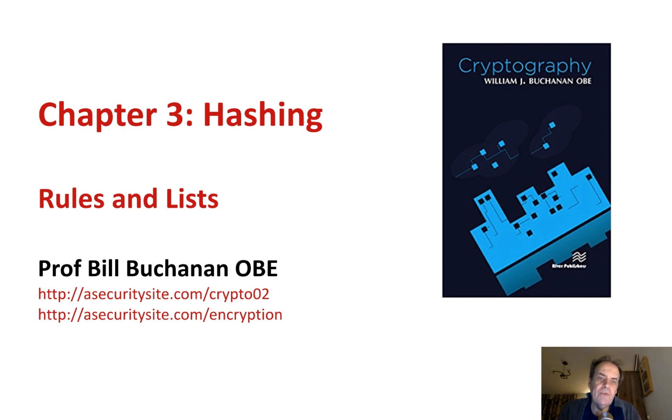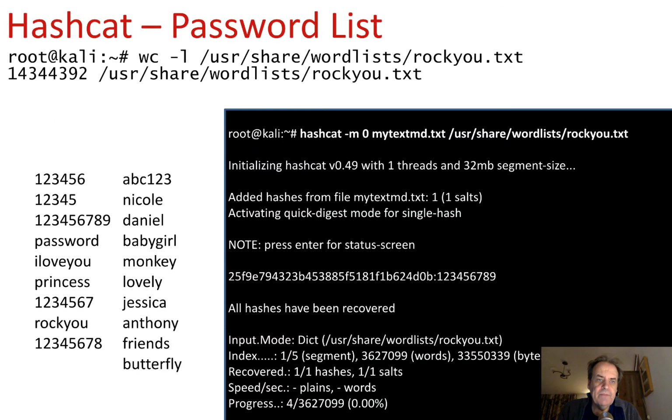Okay, we can also do rules and lists within Hashcat. With this, we can use the standard list like the RockYou format, which are the passwords that were generated from the RockYou hack.